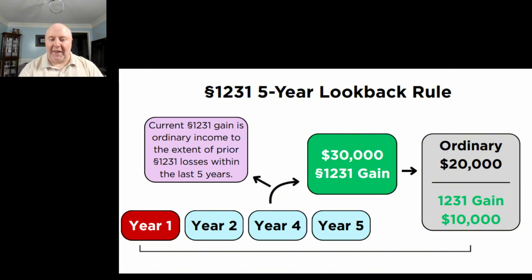So $20,000 of our $30,000 that survived the 1245 recapture now has to be recharacterized as ordinary. So we have $20,000 that we recharacterize as ordinary, but we did have $30,000 of gain, so $10,000 of it survived. It's 1231.